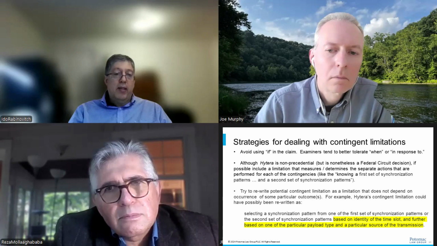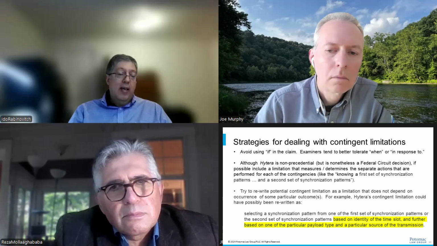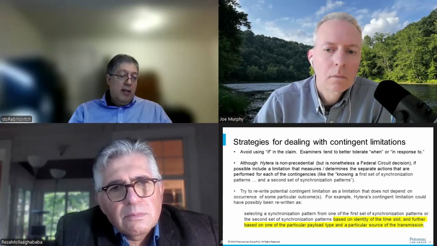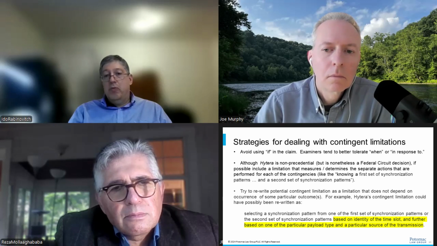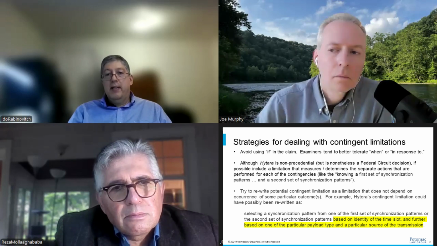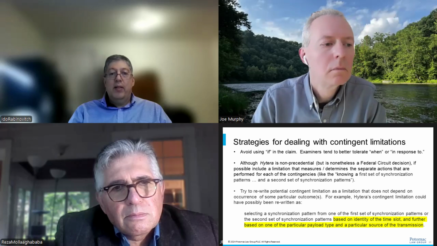Although if the examiner is really stubborn, they could say, no, Hytera is non-precedential, so I'm sticking to my guns, take it up with the appeal board if you want.